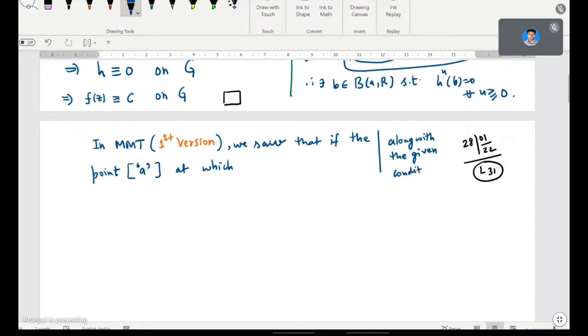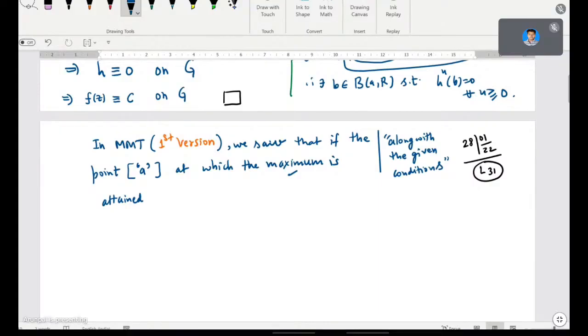Certainly, I am not talking in isolation. This is understood. So, in this, we saw that if the point A at which the maximum is attained, the bound is attained, which is maximum certainly, because mod of f(z) was less than or equal to mod of f(a) for all z's. So certainly I can say it maximum.